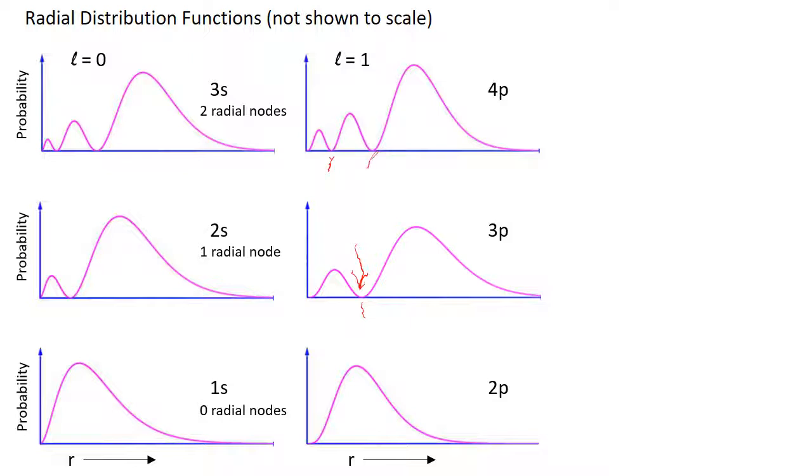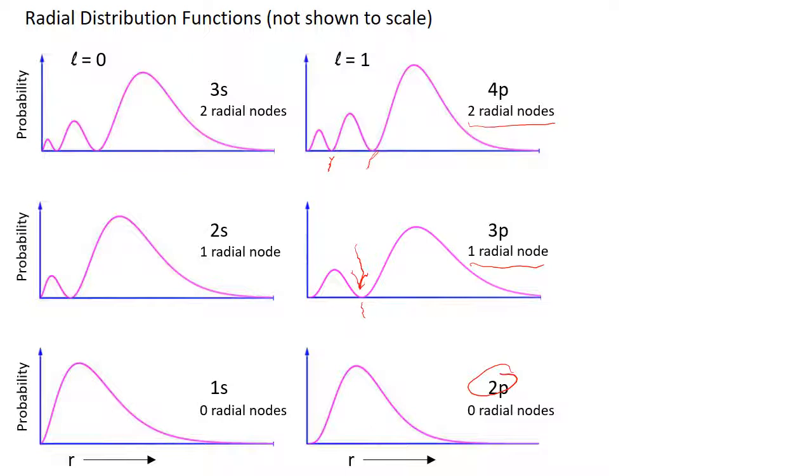So much as in the L equals 0 case, I have 0 radial nodes for the lowest energy set down here, 1 radial node for 3p, 2 radial nodes for 4p. And if I were to extend this to 5p, as you might expect, there would be 3 radial nodes. If I went to 6p, there would be 4 radial nodes, etc. So this trend continues.